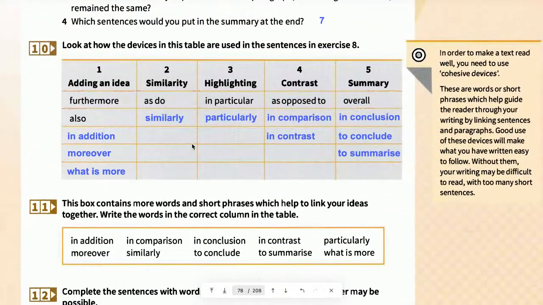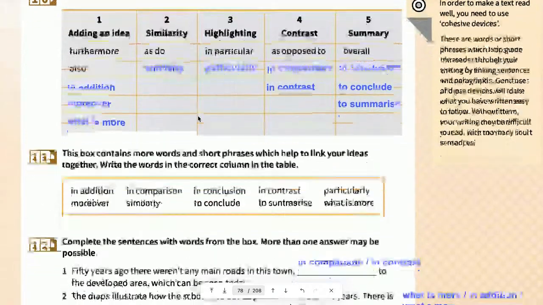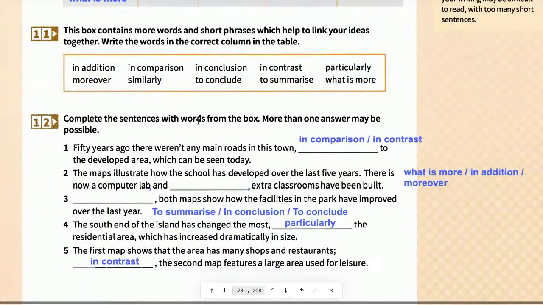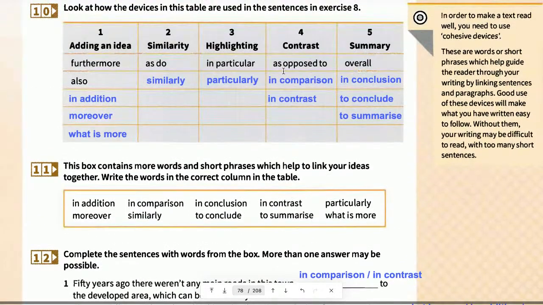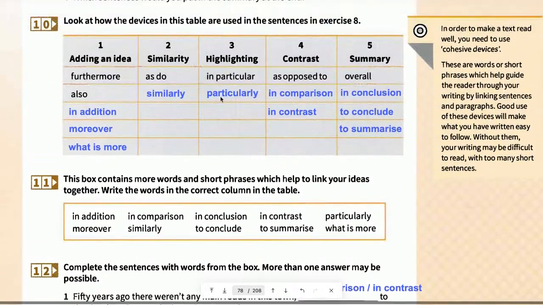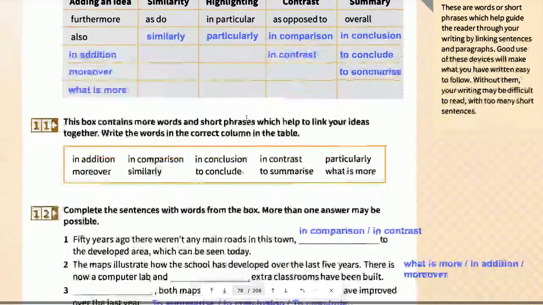Yes, we have a lot of linking words in exercise 10, see that? Adding an idea, similarity, highlighting, contrast, summary, something like that. So just use them. Exercise 11 also gives you a lot, but I think exercise 10 already covers all of the linking words.